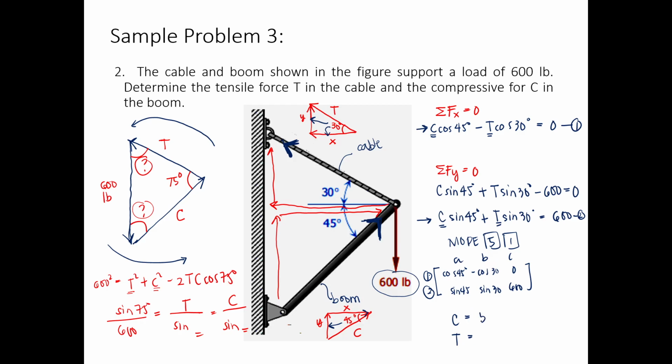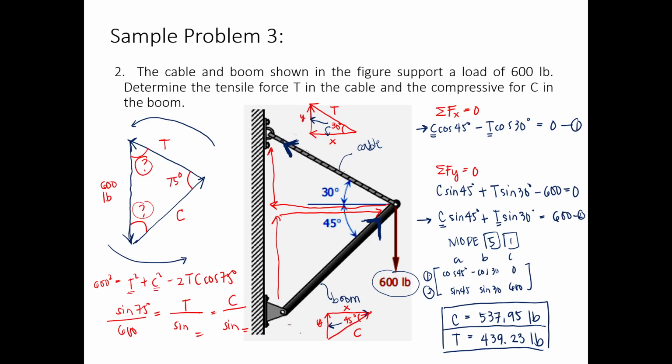So the compression is 537.95 pounds, and the tension is 439.23 pounds. So this is the answer. For me, just go to the very basic details because the answer is more assured, and you can follow or go through the solution again.